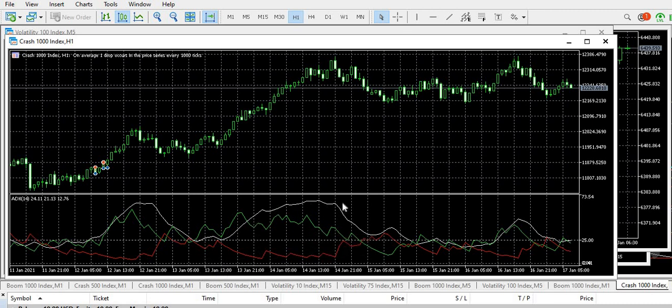You will never struggle when you place a trade and it doesn't go in your favor, or it ranges for some time, because the ADX will surely sift the signals for you. It will show you when the market is ranging, and it will show you when the market is ready to move.